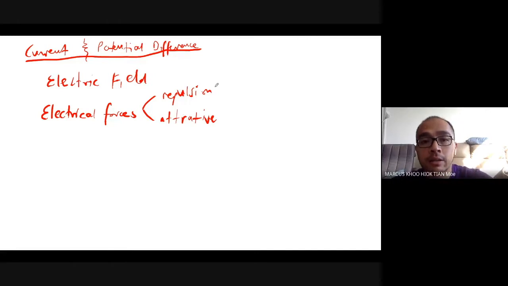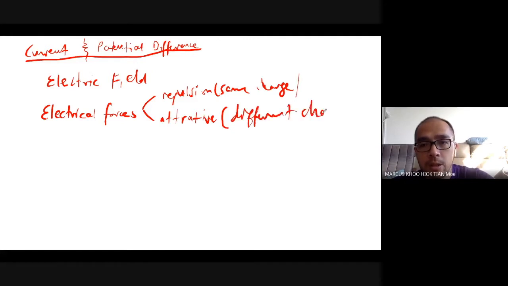Daya tolakan happens when you have same charges, whereas daya tarikan happens when you have different charges.